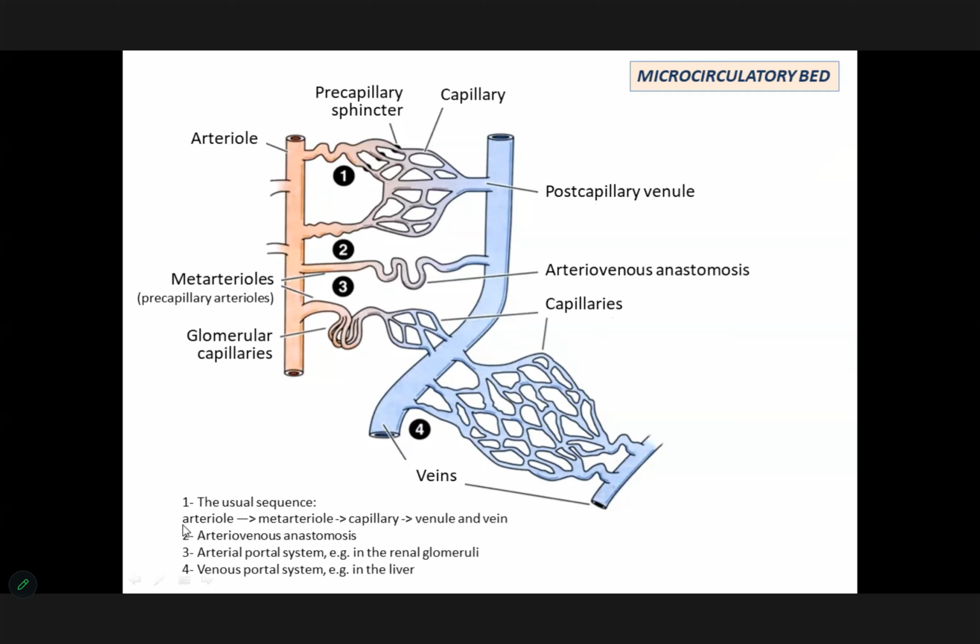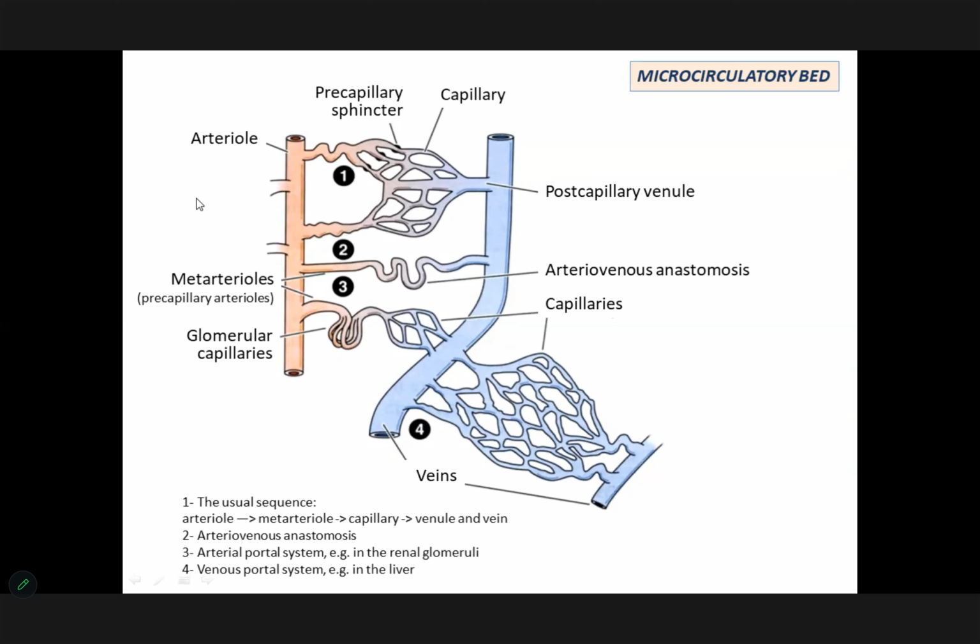The usual sequence of blood flow will be arteriole, metarteriole, or precapillary, then capillary, and venule, and then vein. Precapillaries or metarterioles have the sphincters that allow or not allow blood to flow into these capillaries, and thus regulating the blood flow inside the organ.